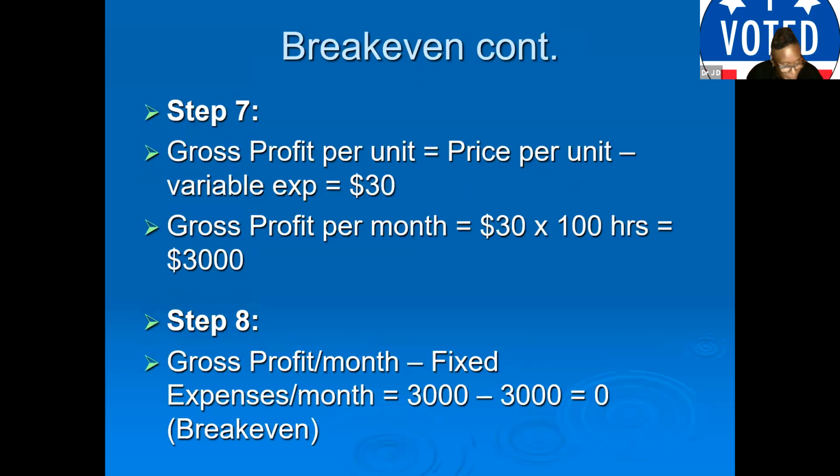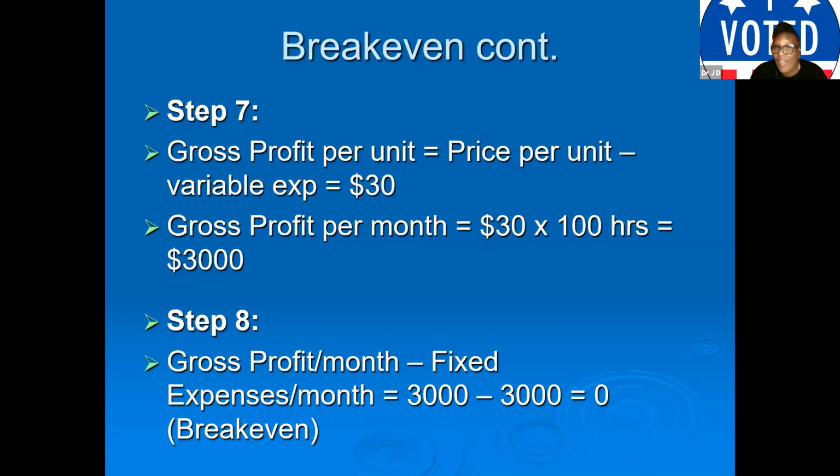So step 7, when you look at the new price, the gross profit per unit equals the price per unit minus the variable expense. The price per unit is $45, minus the variable expense where you're paying $15.